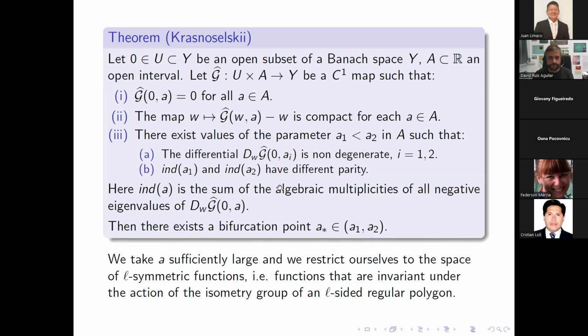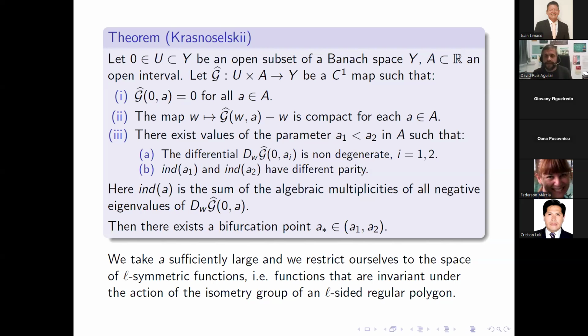In order to apply this theorem, first we have to reformulate the problem in a different setting, because we need an operator which is identity minus compact, and our operator is not exactly in this form, but it can be rewritten. Second, we are going to take A sufficiently large. I told you A is the distance of the annulus to the origin, so I'm going to take a very large annulus.